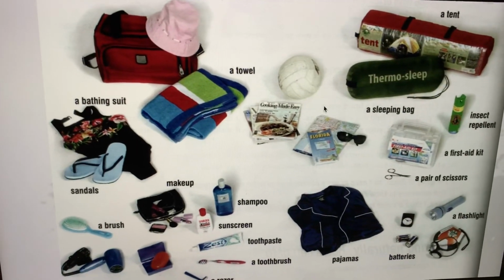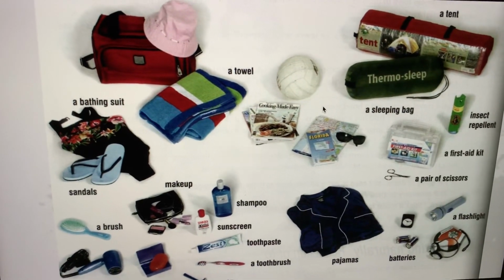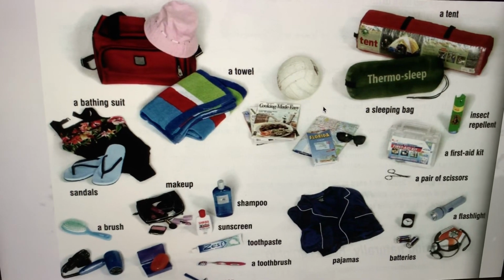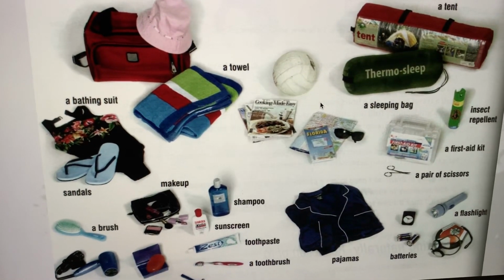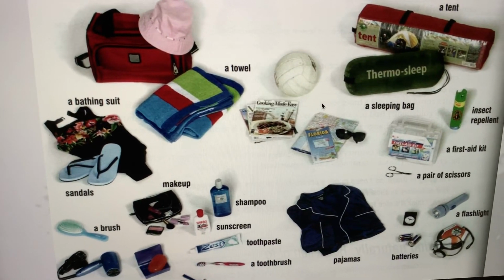And then the vocabulary. This page is very interesting. It has a lot of vocabulary, but very simple and useful at the same time. So these are words or vocabulary that can be used in traveling.